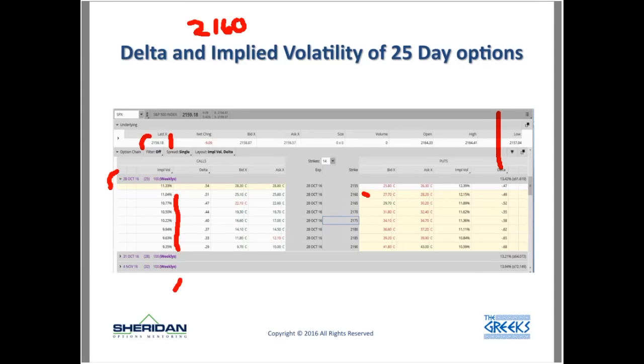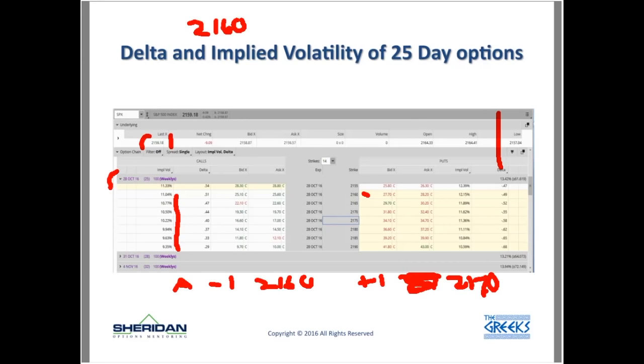A, I sell one 2160, buy one 2170, excuse me, so an at the money call bull spread. So here's the question again.